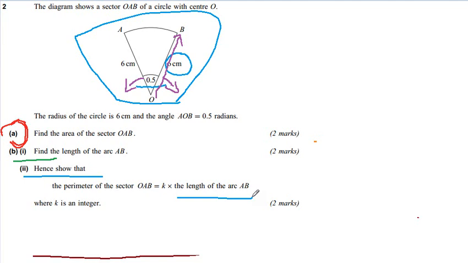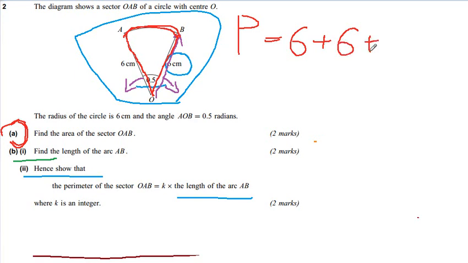I'm going to draw this for you in a minute. Here we go, red. So the perimeter is this here, which is 6, plus this here, which is 6, plus this little arc there. I'm going to use P. The perimeter is equal to 6 plus 6 plus, we just worked out what there from A to B, that's 3. So the perimeter is going to be 15.